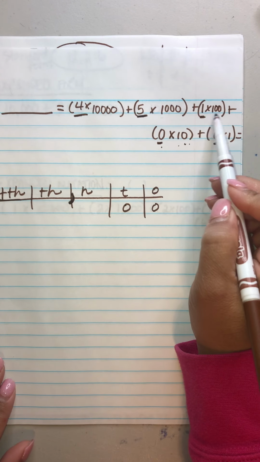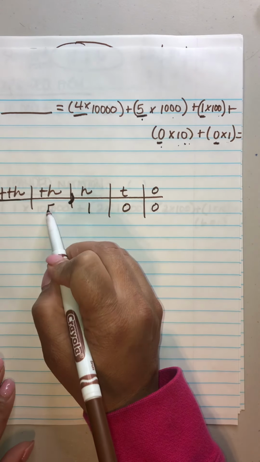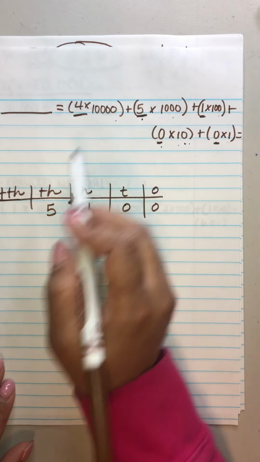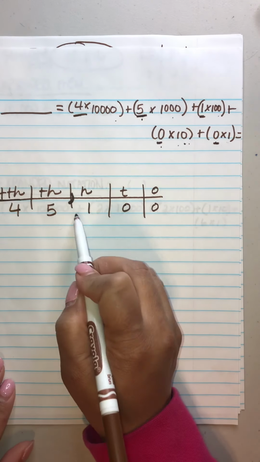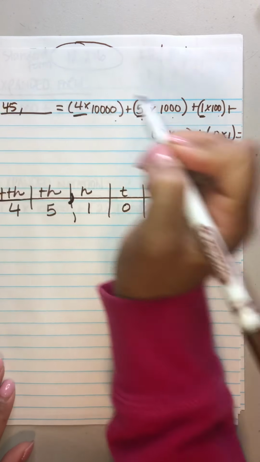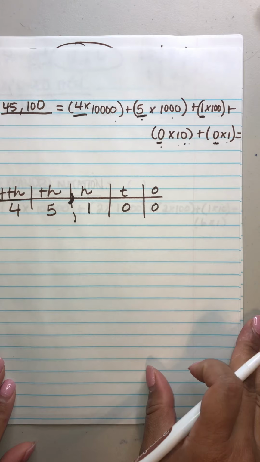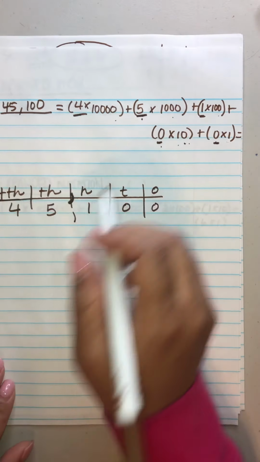This is a 1 in the hundreds place, 5 in the thousands place, and a 4 in the 10,000s place. Okay, so my number written in standard form is 45,100.